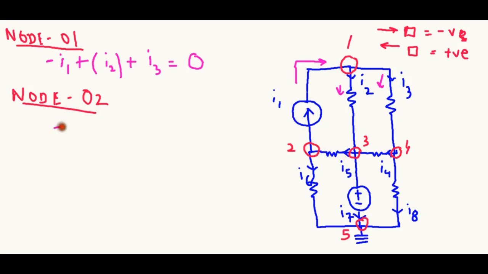So writing I5 in the beginning, and then we have I6, and then we have I1. And all of this is going to sum to 0.